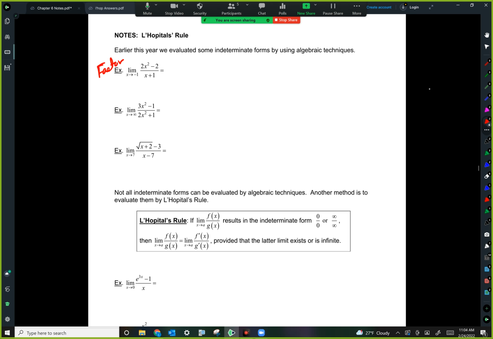So if I were to factor out, let's say, a 2, then I'd have x squared minus 1. And then do you see that you can still factor further? So if I keep going, 2 times (x plus 1)(x minus 1). Whenever we would factor, the idea was that something would cancel, and then you would be able to substitute.